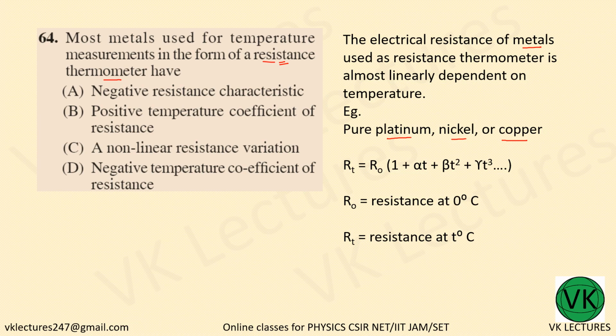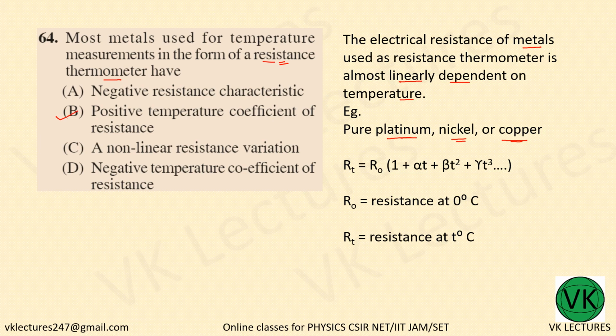Which are the metals used? Platinum, nickel or copper. And the peculiarity of these metals is they linearly depend on temperature. Now according to the question, the option is positive temperature coefficient of resistance.